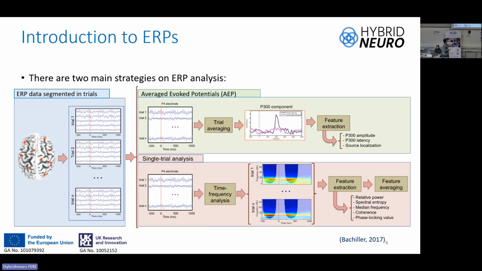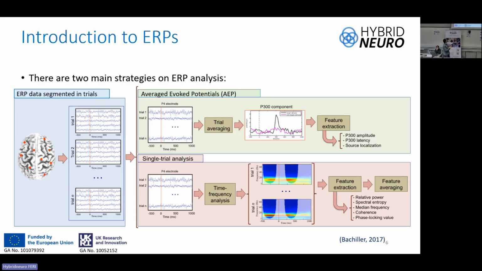There are two main strategies for analyzing ERP data. For the continuous EEG data, we segment it into trials, as we said. These trials are synchronized with the stimulus, commonly known as stimulus onset.